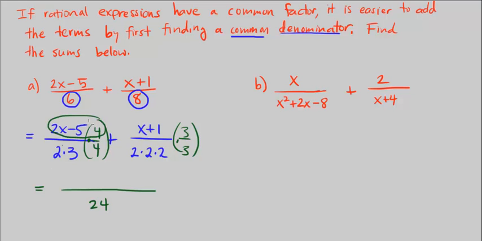In the numerator over here we have, well, make sure these are in parentheses, we have 4. Now let's distribute the 4, so we have 8x minus 20 plus, distribute the 3, 3x plus 3.